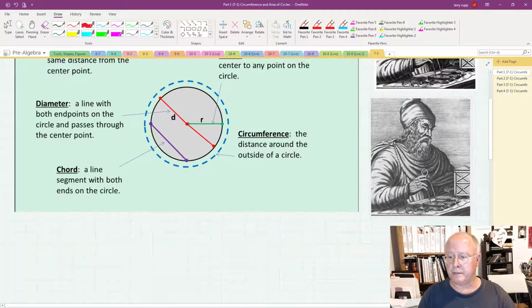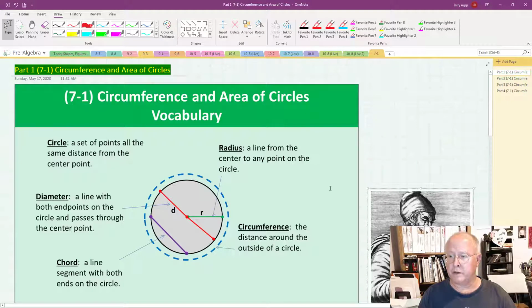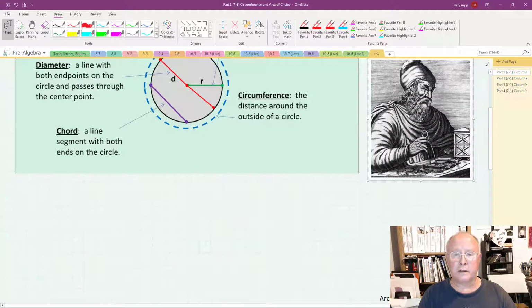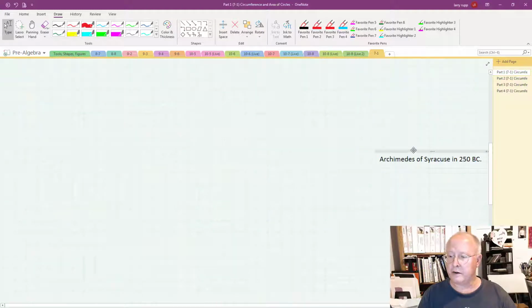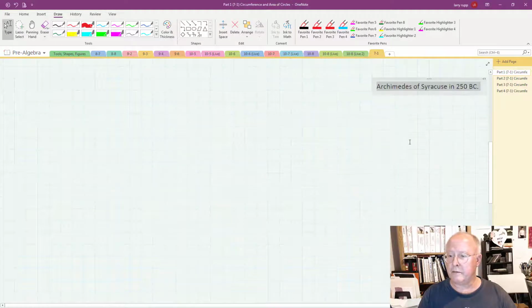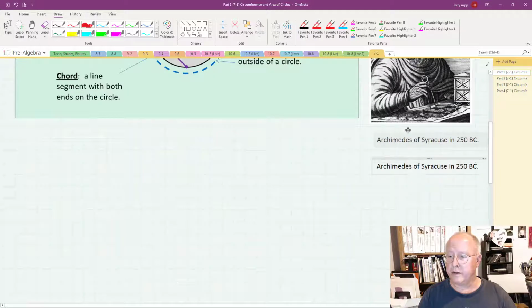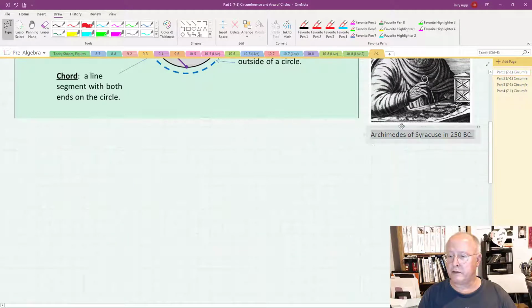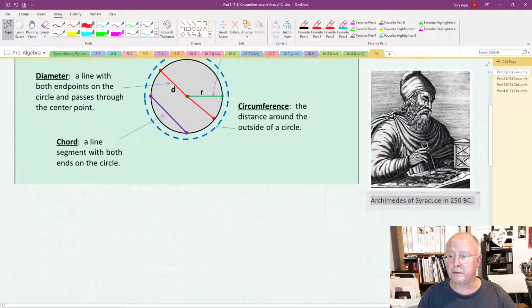Over here, we have a guy. This guy right here. His name is Archimedes. Archimedes of Syracuse. And way back in not so great the dawn of time, about 250 BC, Archimedes, who was the greatest mathematician of that age, was working on what pi was.